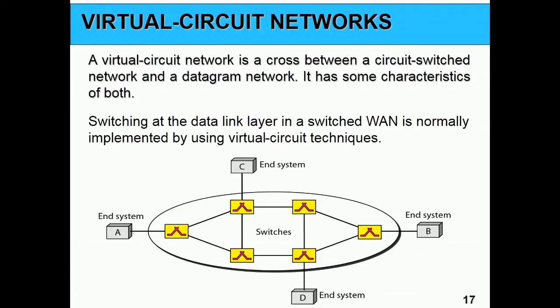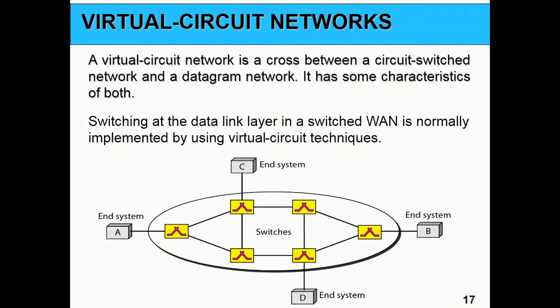Next is virtual circuit networks. A virtual circuit network is a cross between a circuit switched network and a datagram network. It has some characteristics of both.